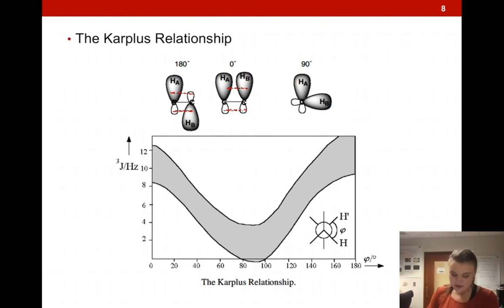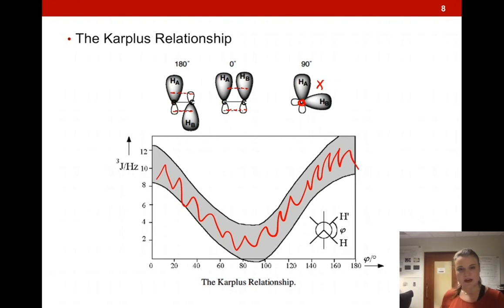Whereas in 90, there's no overlap, just some intersection at the node, so you hardly get any coupling constant at all. You can then examine your gray area on the Karplus relationship graph here, which, by looking at your dihedral angle and your Hertz values, will give you around about the amount of coupling you should expect to see for a certain dihedral angle.